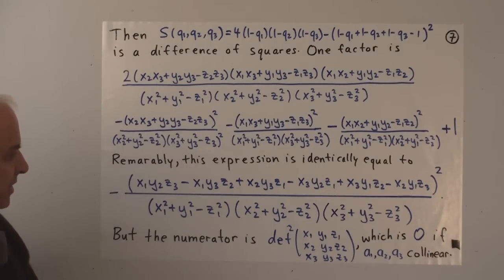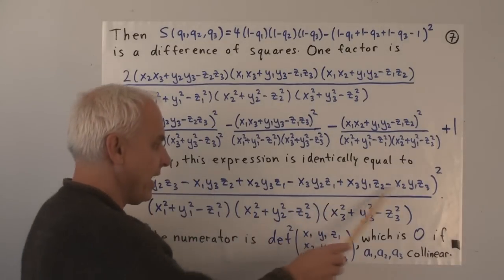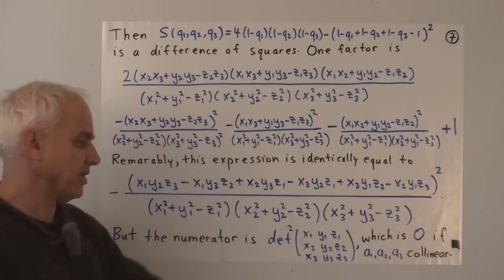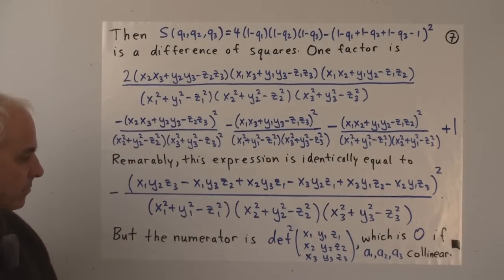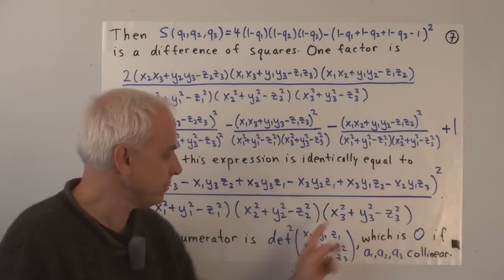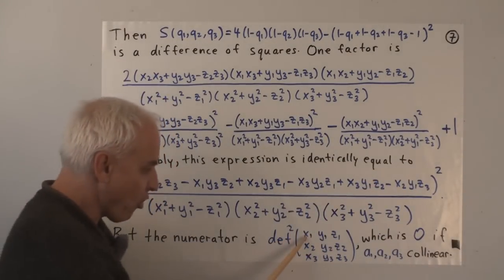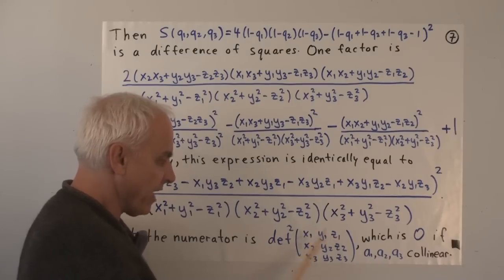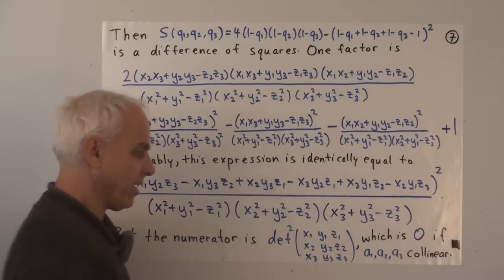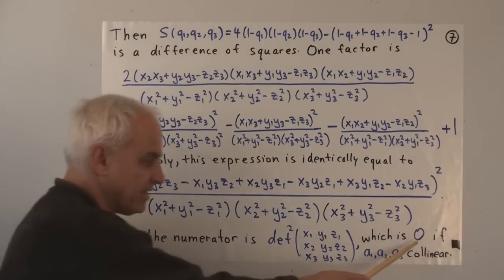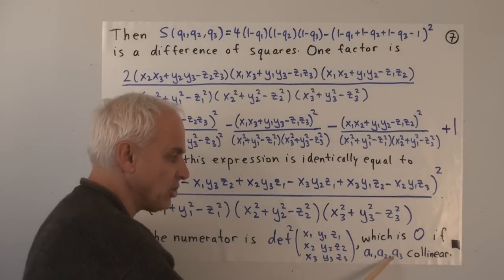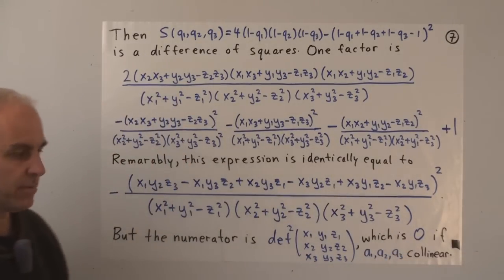Now, the nice thing about this is that the numerator here is exactly this determinant. Well, there's a square, so it's this determinant squared. And this is the determinant formed by the three components of A1, A2, and A3. And we know that is 0 if A1, A2, and A3 are collinear.